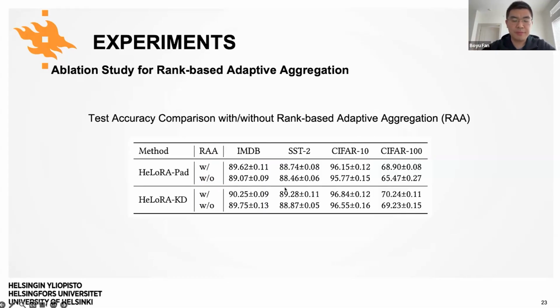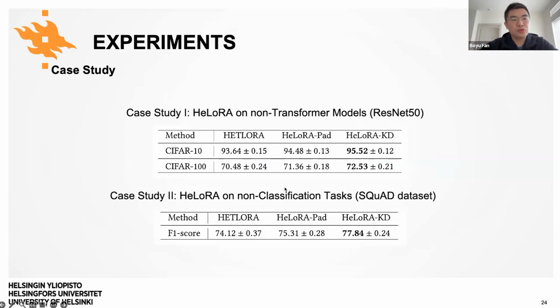We also do two case studies. The above ones are just transformer models, so we check if our method can work on non-transformer models. We try ResNet-50, and it also works well because LoRa can be directly applied to convolutional layers, so this also applies to our work.